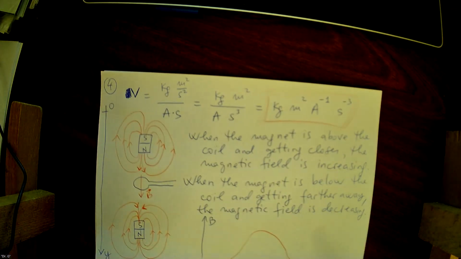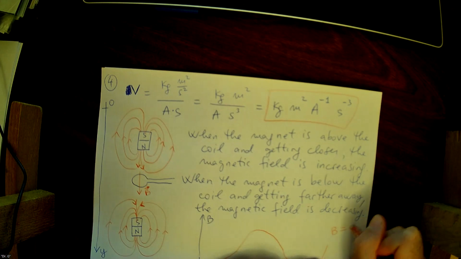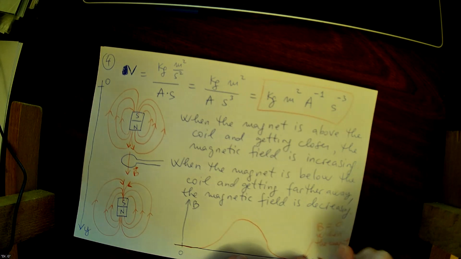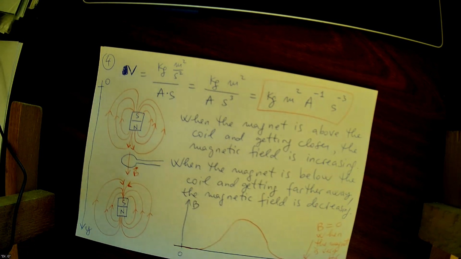So B is 0 when the magnet is very far. The magnetic field in the coil is 0 when the magnet is very far.